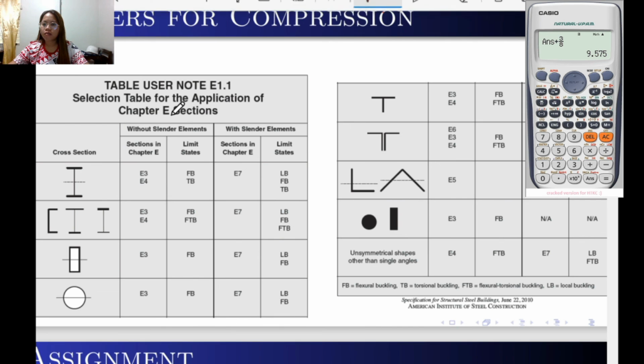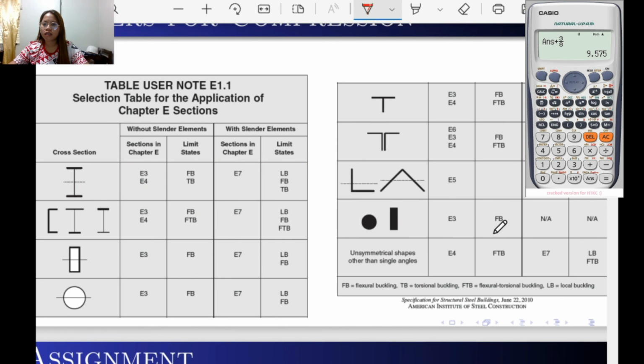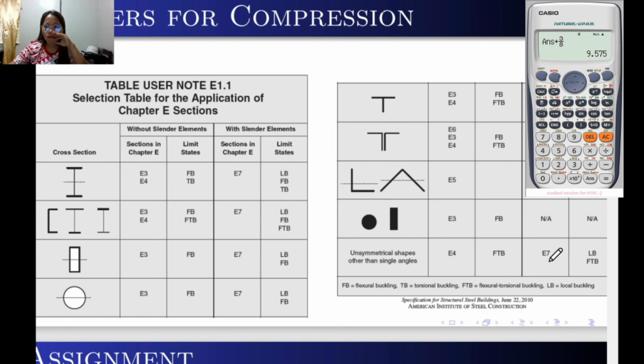The limit state for without slender elements is FTB, flexural torsional buckling, and with slender elements, LB and FTB, local buckling and flexural torsional buckling.